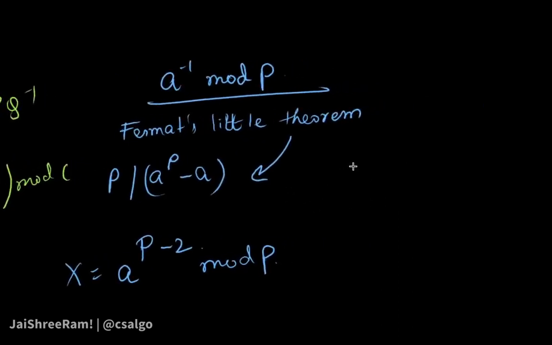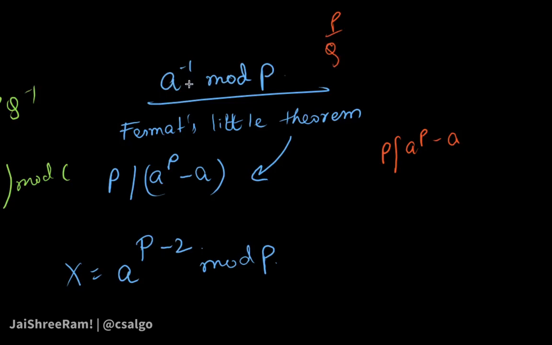So P divides a to the power P minus a, right? In most of the problems a will not be equal to P. Since P is a prime, if you have the P by Q format and a is exactly equal to Q, then the denominator would not make sense. So that denominator will be given in such a way that it does not equal this prime.